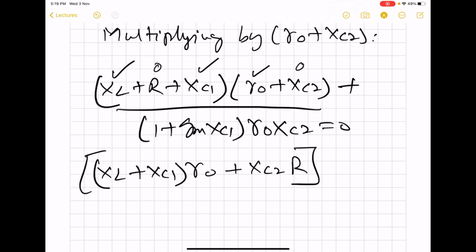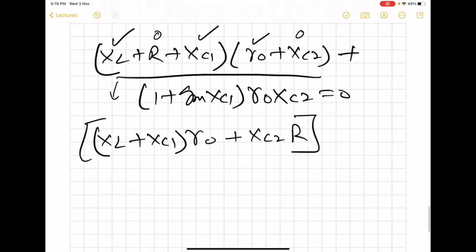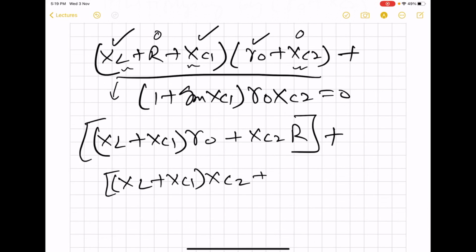So here what we are going to get from this one is the imaginary parts, and the real parts we can get as XL plus Xc1 multiplied by Xc2. That means this term, and this. And of course, this term and this term will also give rise to real. So here we have collected.